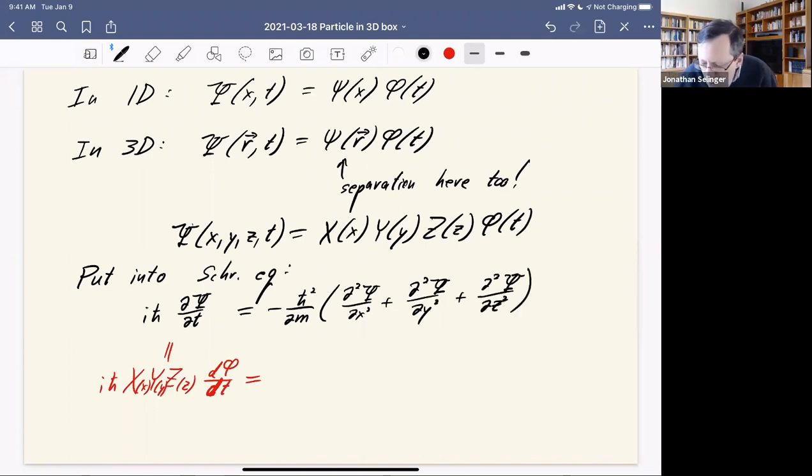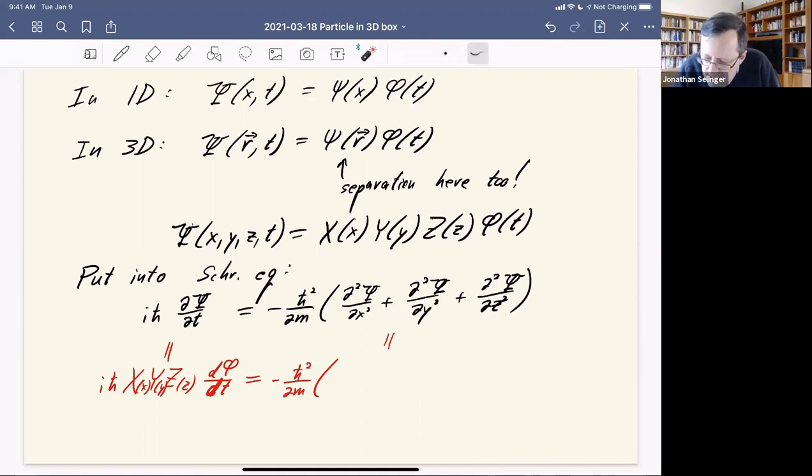So this is going to be equal to negative ħ squared over 2m. First we have a second derivative with respect to x.